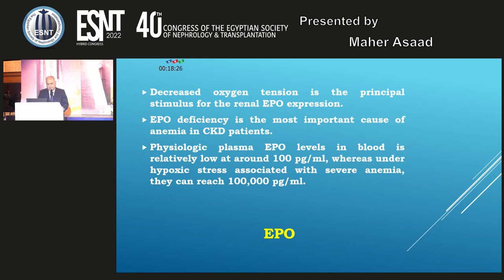EPO deficiency is the most important cause of anemia in chronic kidney disease patients. Physiologic plasma erythropoietin levels in blood are relatively low, at around 100 picograms per ml, whereas under hypoxic stress associated with severe anemia, they can reach 100,000 picograms per ml.